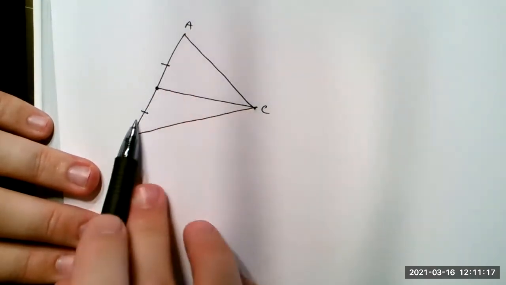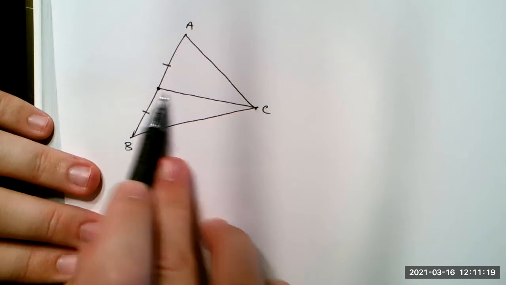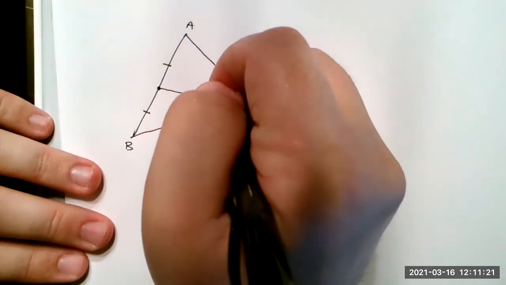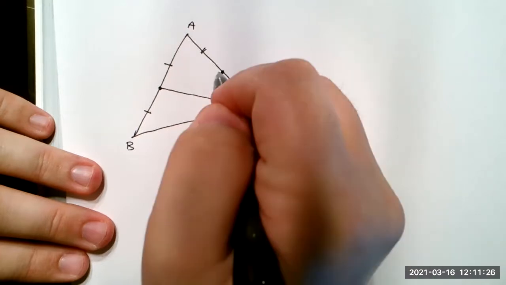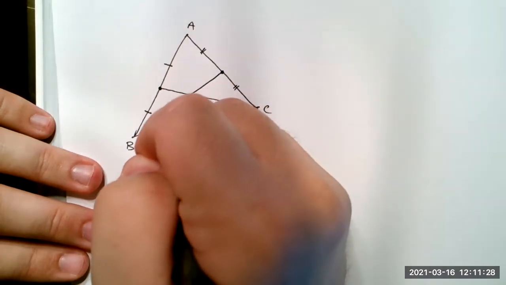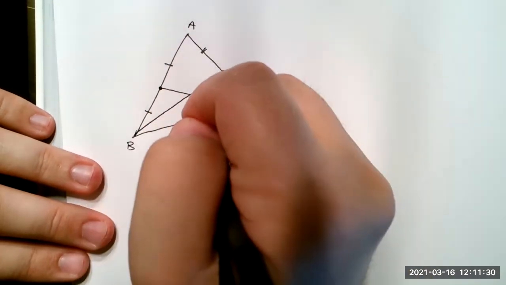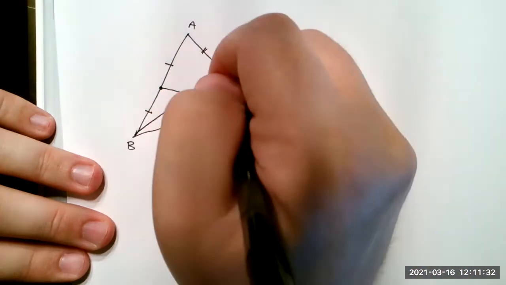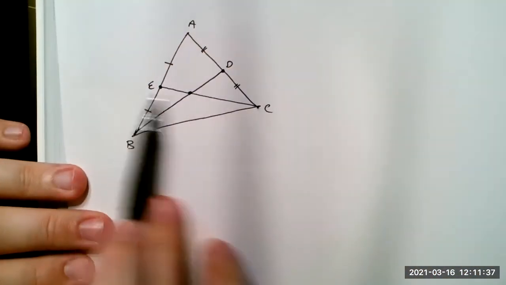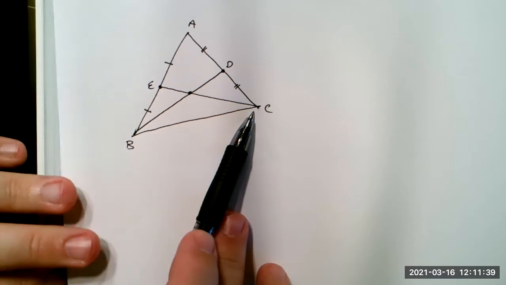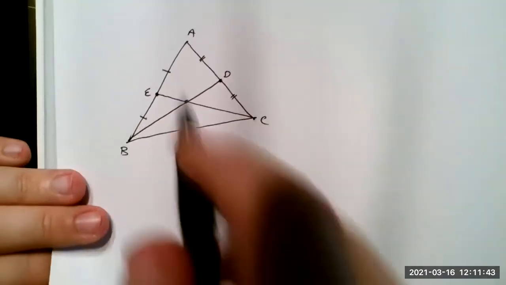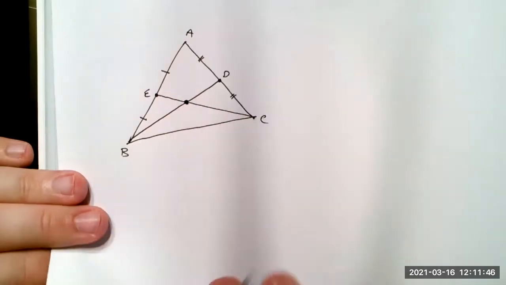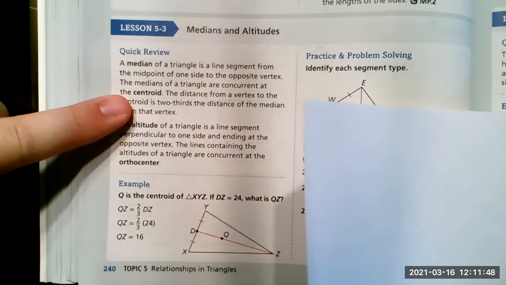It cuts that line segment in half perfectly, and then it goes over to the opposite vertex. Of course, I'm just hand drawing these, so they're not perfect. So we'll call this point D and this point E, okay? So EC is a median, and then DB is a median. The point where they cross right there is what they're referencing as the centroid, okay?